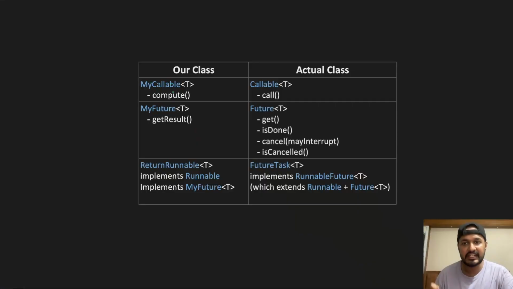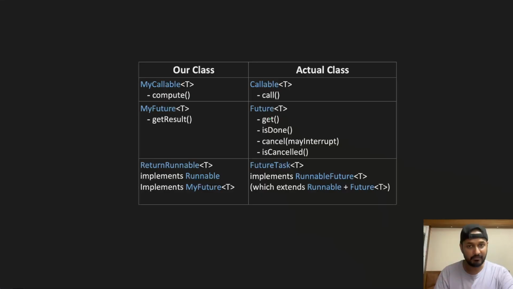So we have created my callable. This my callable corresponds to the actual Callable interface present in Java. The my future interface that we have created corresponds to the Future interface of Java. The get result method that we created corresponds to the get method present inside the Future interface.